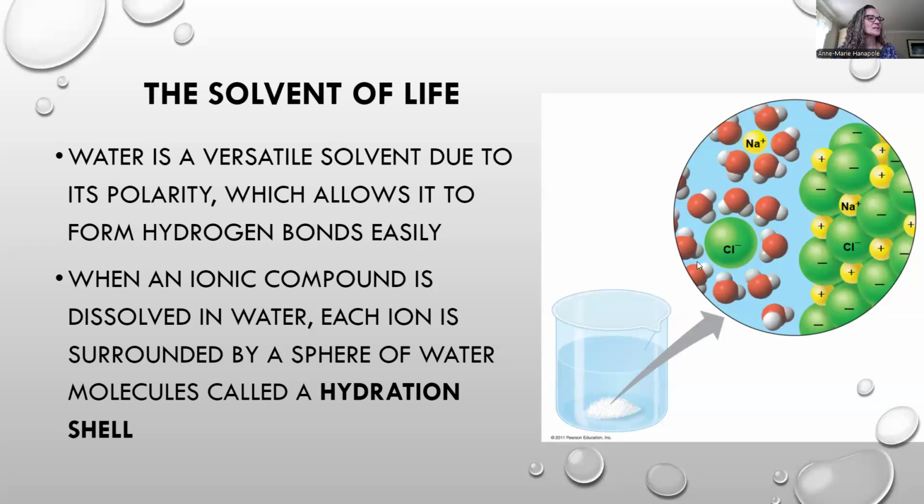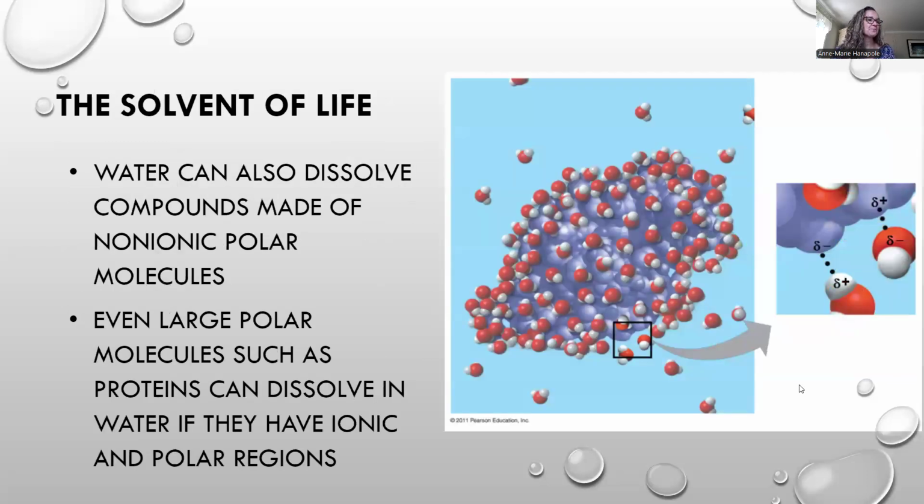So the partial positive charge of the hydrogens is going to be attracted to the negative chlorine. The sodium is going to be, because it's positively charged, surrounded by the negative side of the water molecule. And so each and every one of those ions will get surrounded by the water molecule, and that is called a hydration shell. And then that allows every single one of those ions to dissolve in the water.